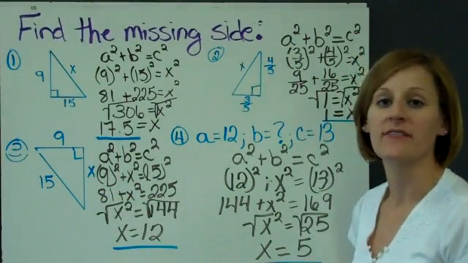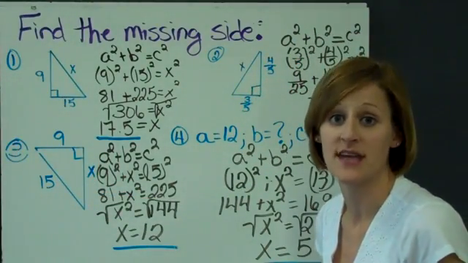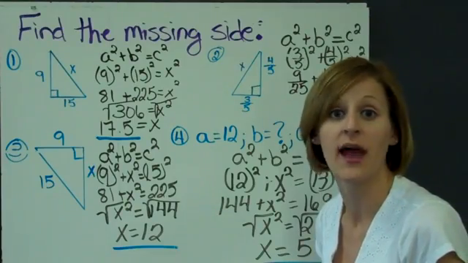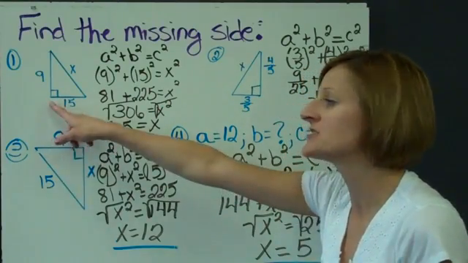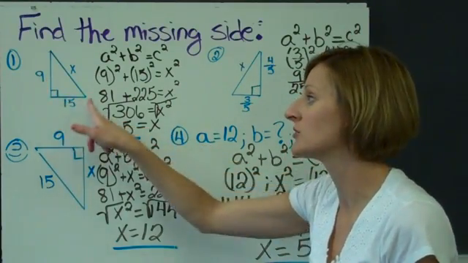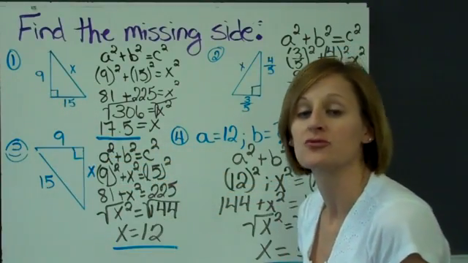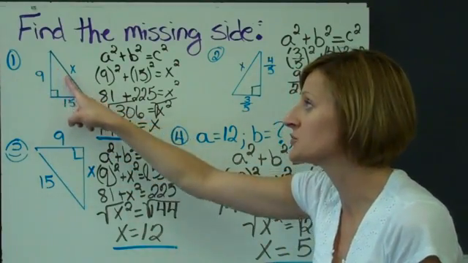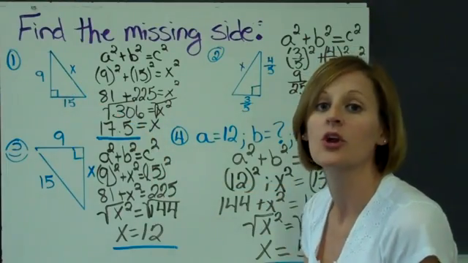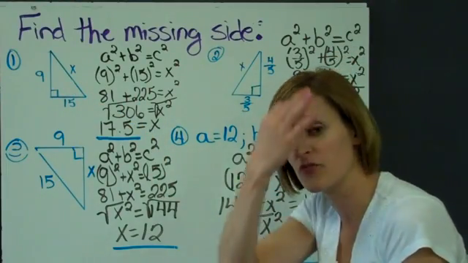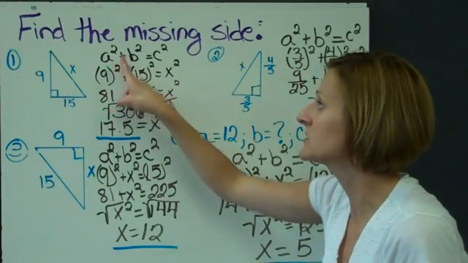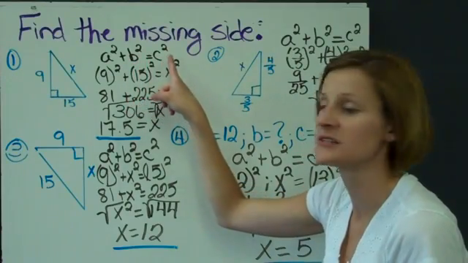Now let's say you're given a right triangle and you want to know a side of the right triangle that you haven't been given. In this first example, we have a right triangle that has two legs of 9 and 15. To solve for our hypotenuse, which we're going to say is x, we use the Pythagorean theorem formula: a squared plus b squared equals c squared.